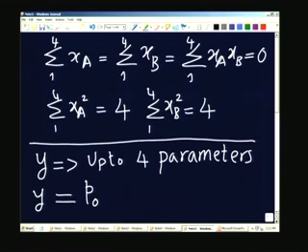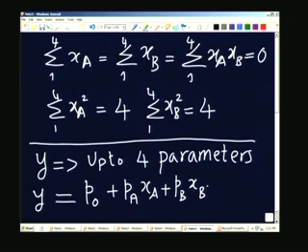In fact we will show later that it is the mean value, p naught, plus p a x a plus p b x b plus p a b x a x b. This is the relationship between y and the parameters x a, x b and the interaction parameter. x a x b is nothing but the interaction between the 2 factors.